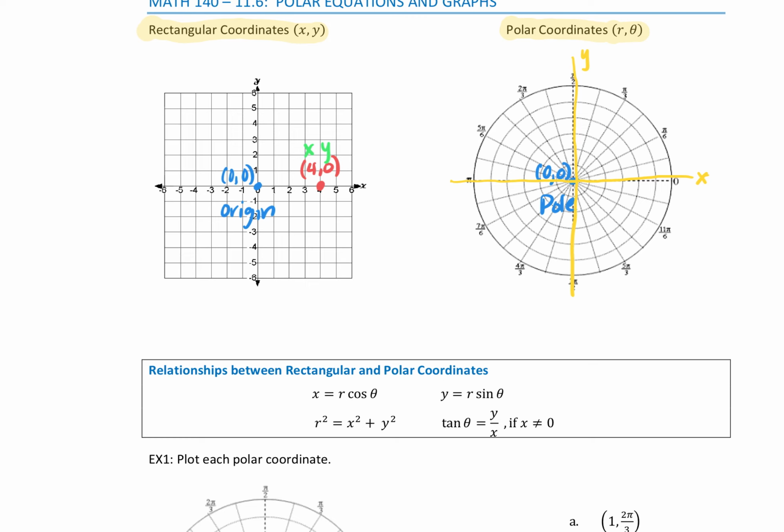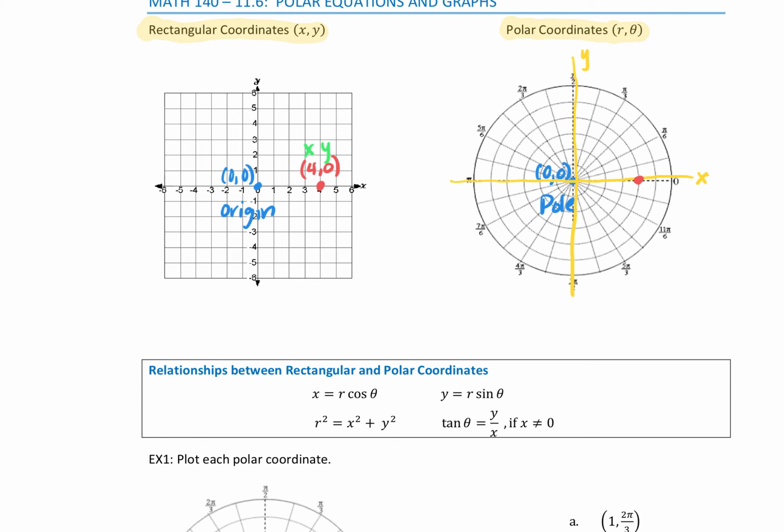So the point 4, 0, where it is in our rectangular coordinate system, will be actually in the same position in polar. But in polar, let me go ahead and graph this 1, 2, 3, 4. So this would be the point 4, 0. So it's the same distance away from the center. But instead, the way we describe it is by the distance out.